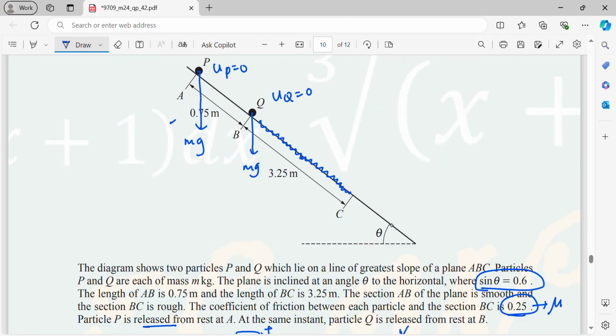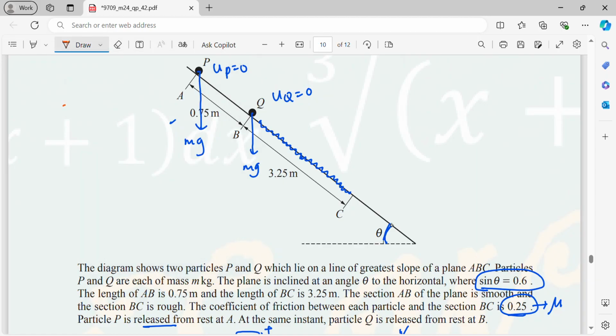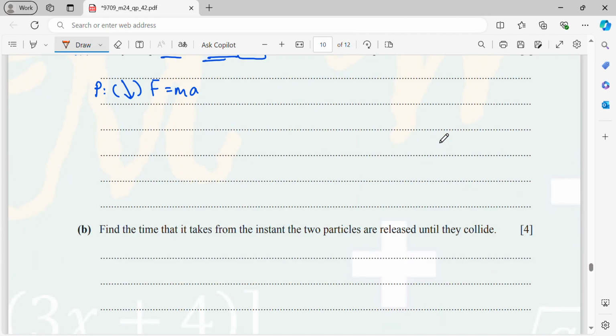So now I will have to resolve because this is theta. That means my theta, it will be over here. Okay. So when I resolve the mg, where I'm using the alternate angle, okay, I resolve so that it is in this direction. So it will be mg sine theta.